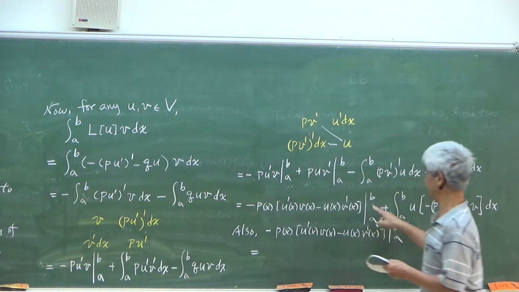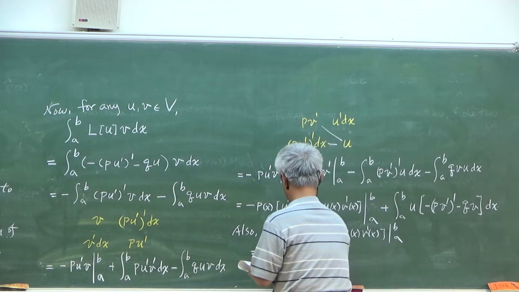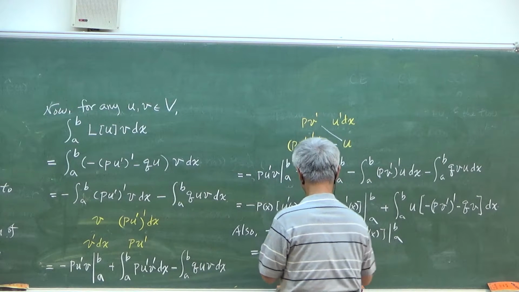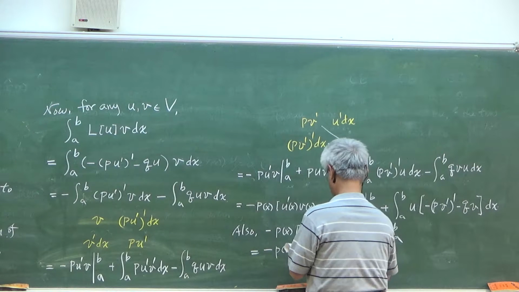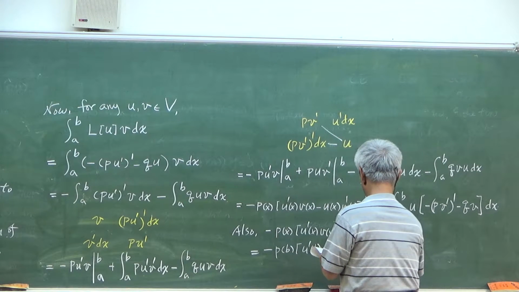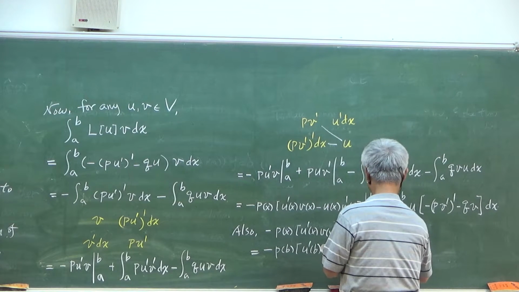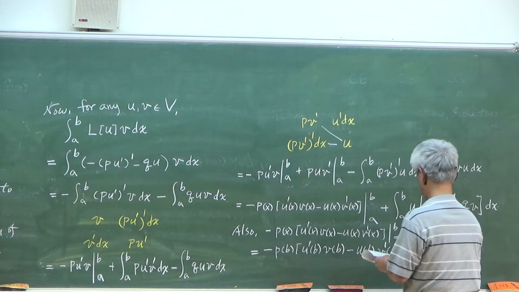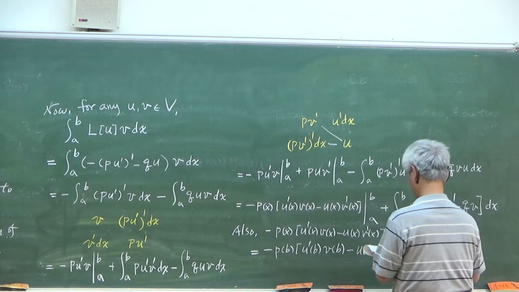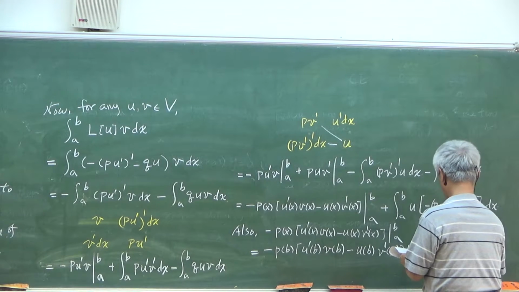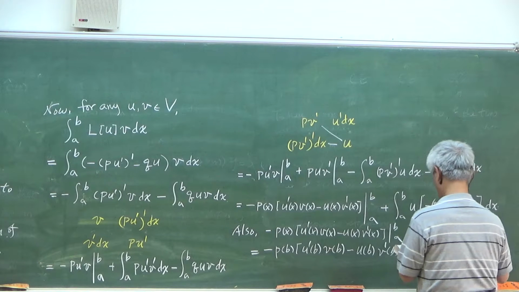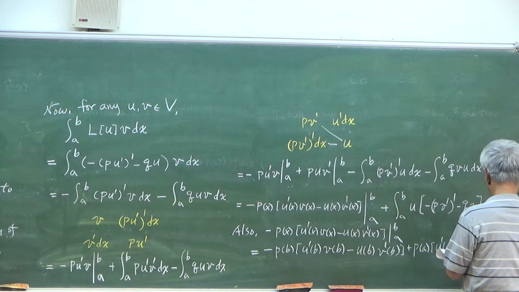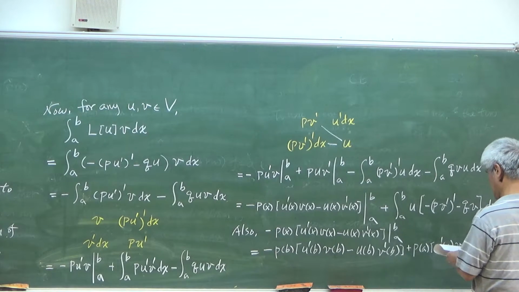So now we compute the first term, P B, U prime B, V B minus U B, V prime B, plus P A, U prime A, V A, minus U A, V prime A.